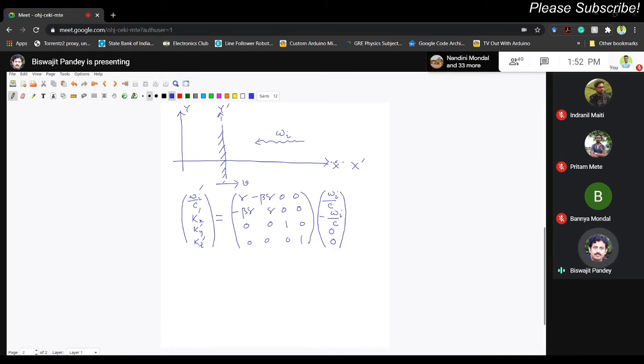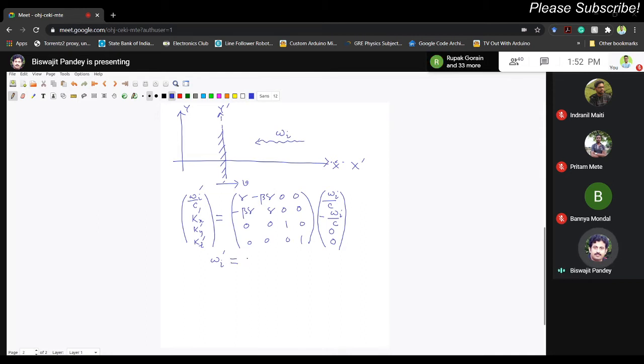If you multiply and simplify this, you get omega I prime. I'm not multiplying all the four quantities, because right now I am only interested in frequency. So the first component will be sufficient. Let us write down what is omega I prime. The c is on both sides, so that gets cancelled automatically.